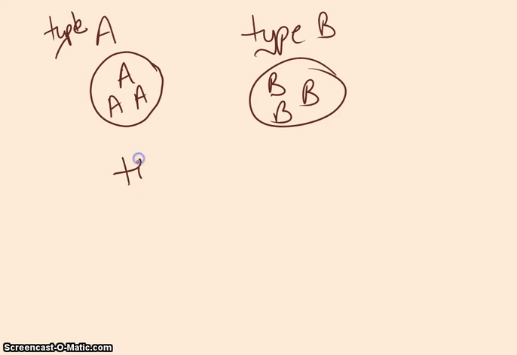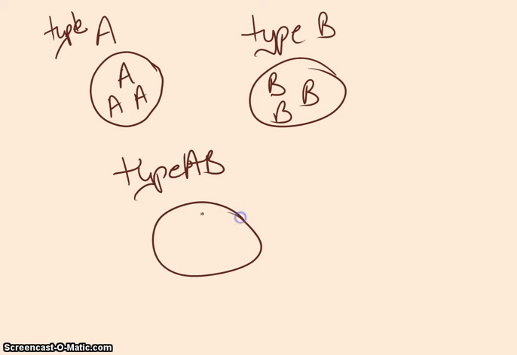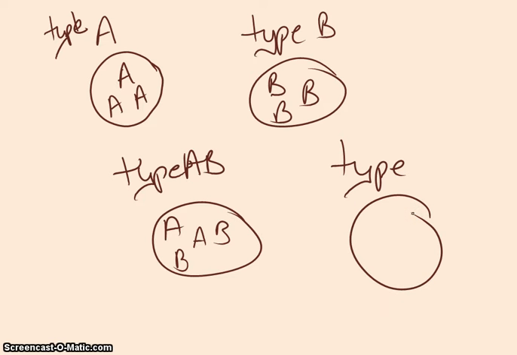Someone who's type AB has both A proteins and B proteins on their red blood cells. Type O is the recessive, so they're not going to have any proteins. Type O is the lack of proteins on those red blood cells. So that's what these look like.